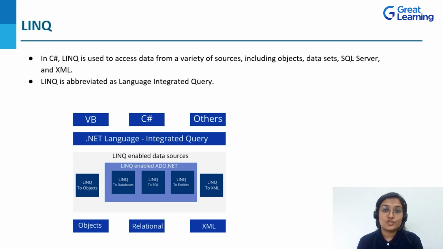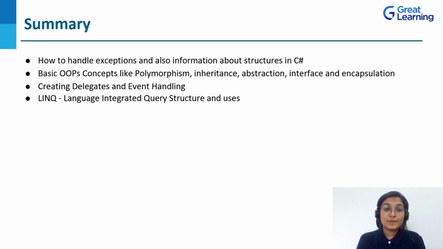So that's the job of LINQ. Without LINQ, there is a huge gap between the front end and the back end. So we have to have LINQ, that is language integrated query, in order to have a smooth flow of data between the front end and the back end, the user's communication with the computer. So that's about LINQ.